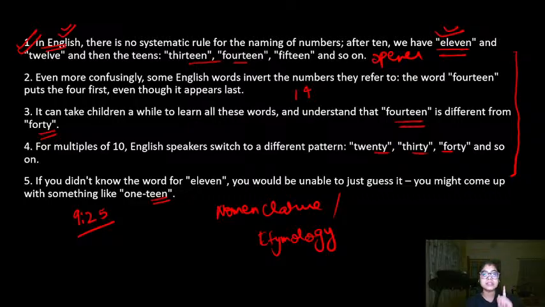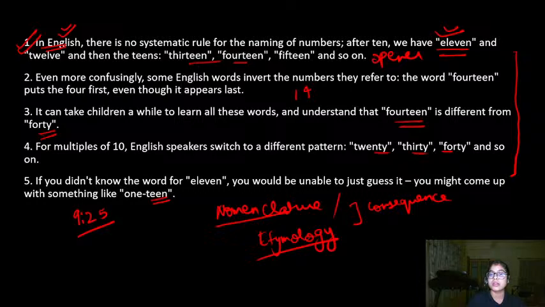There's only one sentence that is not focusing on how a number is named, but how it is difficult to learn the difference between words. It is not focusing on the nomenclature or etymology, but the consequence of this nomenclature. What happens due to this nomenclature, which is statement two.